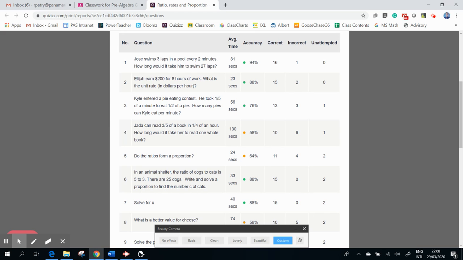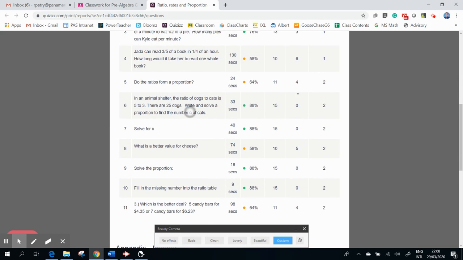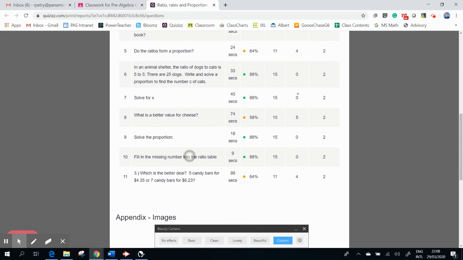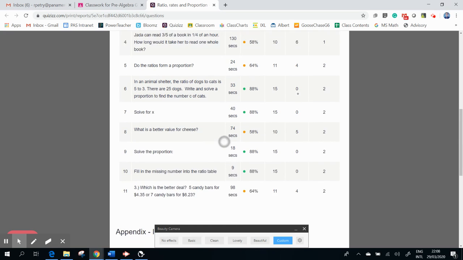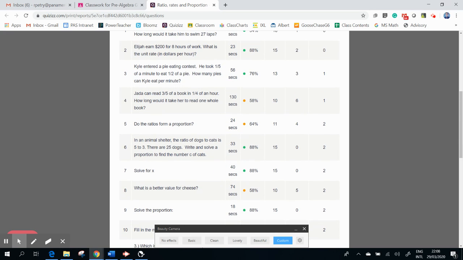There are 4 questions marked orange. So attention, attention, attention: orange is attention. The green is because you got more than 75% accuracy.